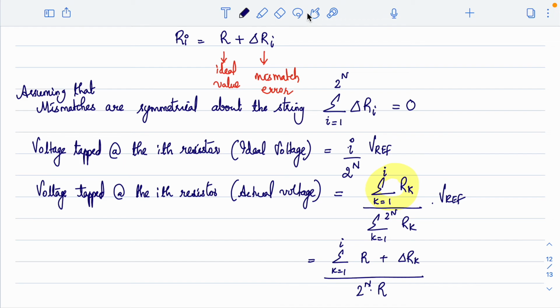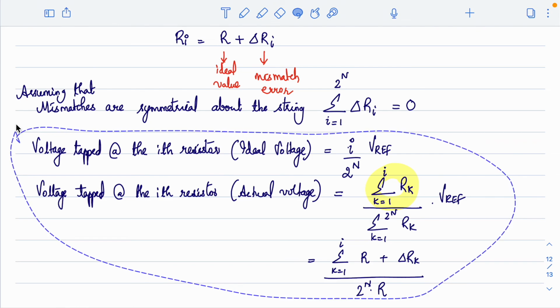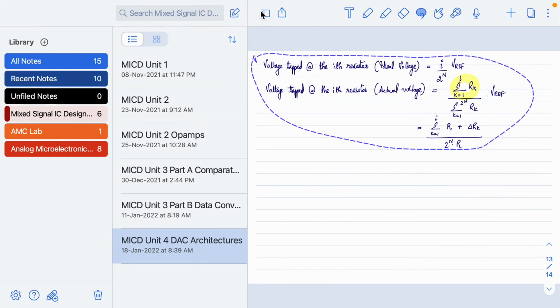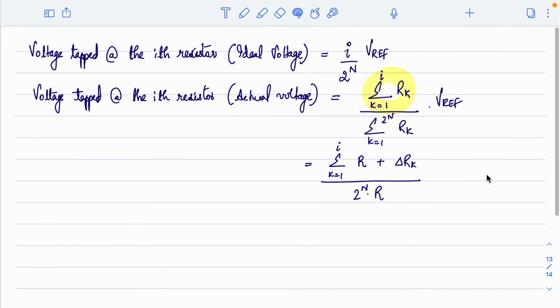Let me take this expression to the next page. Alright, now this can be further written as, so this is the actual voltage, so V actual can be further written as, I think I forgot to put, yeah, there is V ref here.